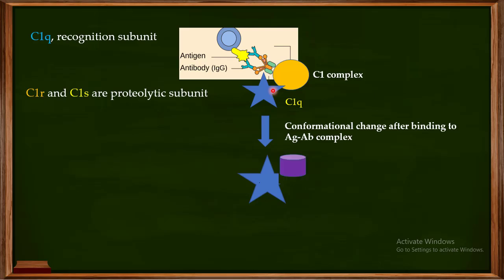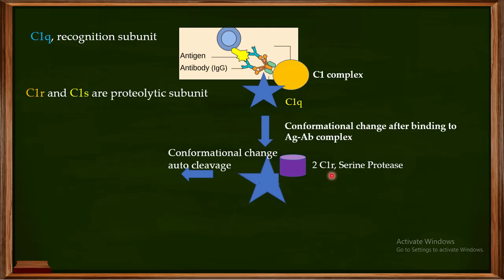Now, in this C1 complex, as I've told you, the other two components, one is the C1r, which is a serine protease. When the C1q, because of the conformational changes, gets activated, it is responsible for the conformational changes in the C1r and the activation of the auto cleavage property of the serine protease C1r.